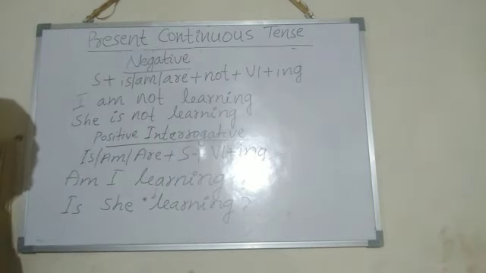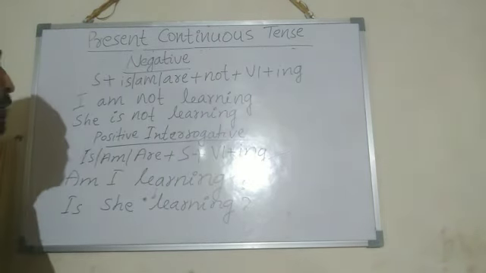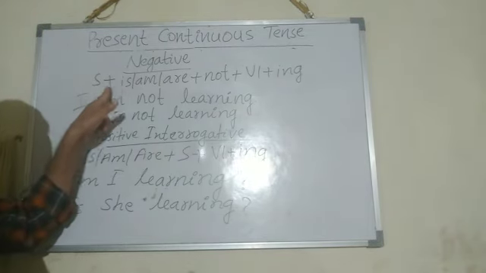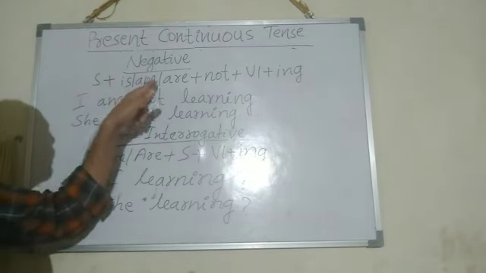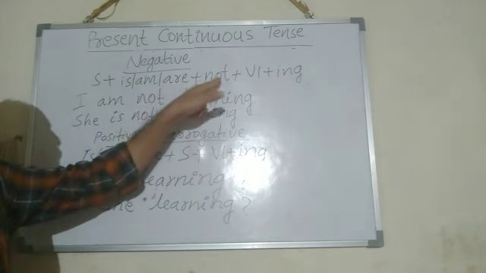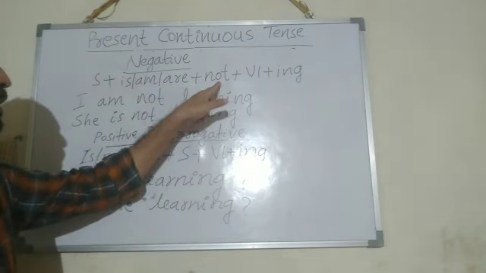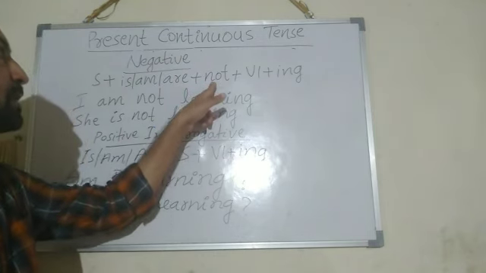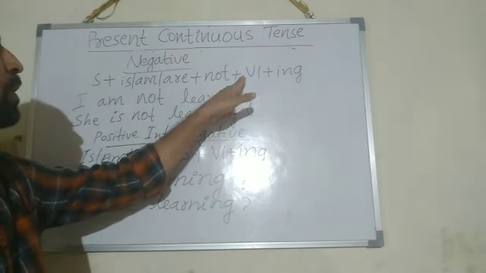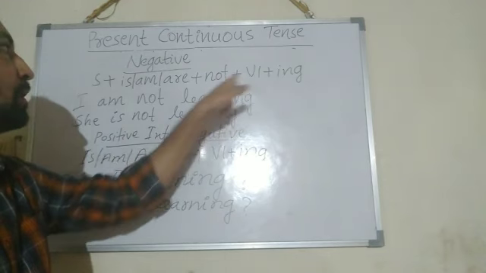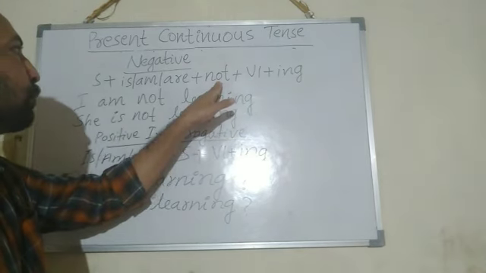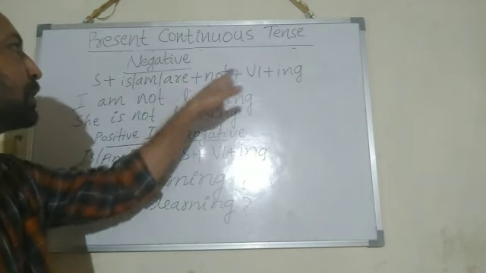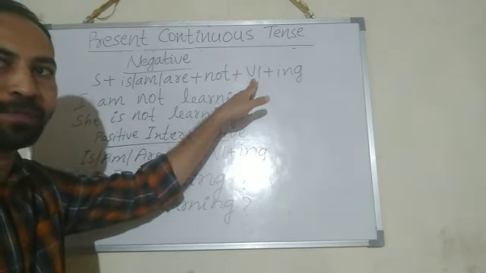Okay, next, negative sentence of present continuous tense. The rule is subject plus is or am or are plus not. Always remember, in a negative sentence we have to use not, plus V1 plus ing. This not, that word we have to use between the auxiliary verb and the main verb.